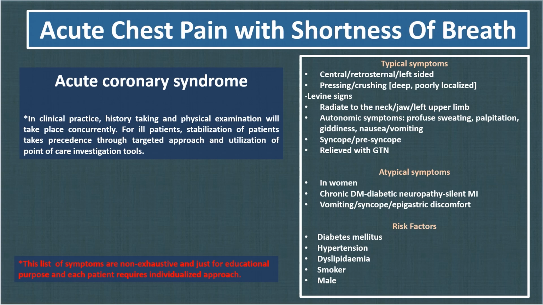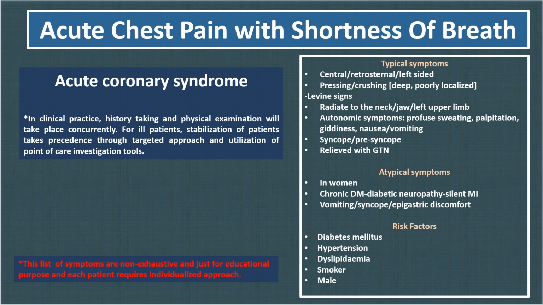This is particularly common among women, or sometimes among patients with chronic long-standing diabetes mellitus. When they have ACS, they may just present with syncope, vomiting, sometimes just epigastric discomfort, and hence we need more clinical experience. And a lot of the time in patients with this kind of presentation, we need blood investigations and also an ECG to help us establish our diagnosis.